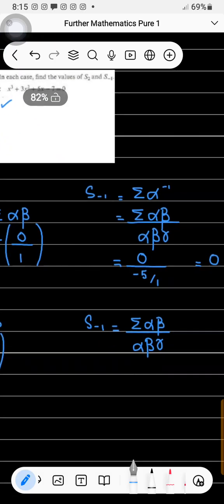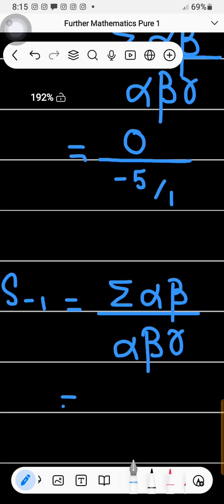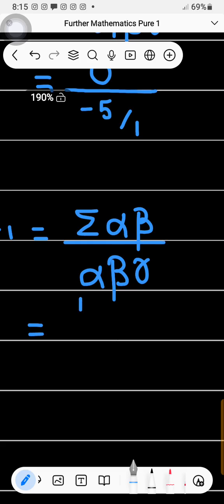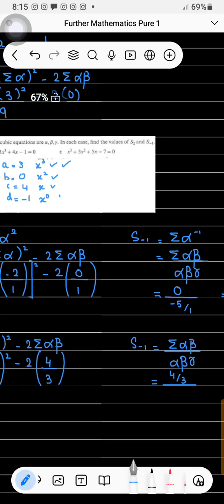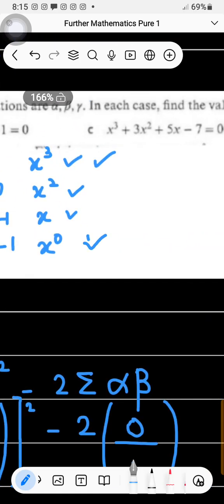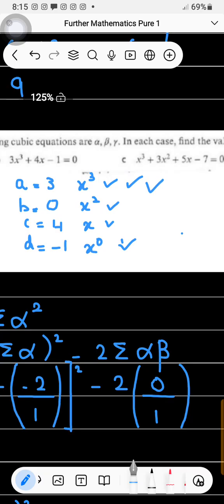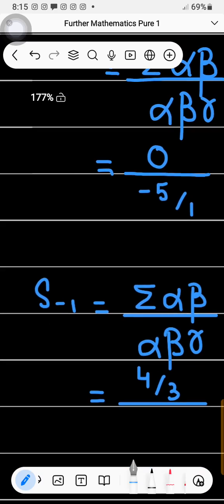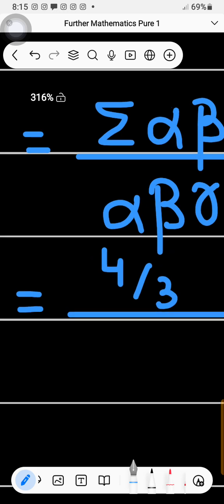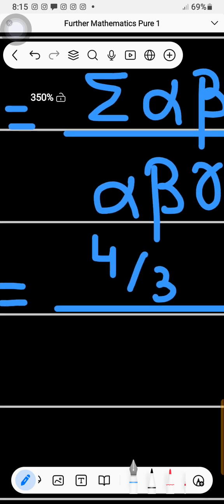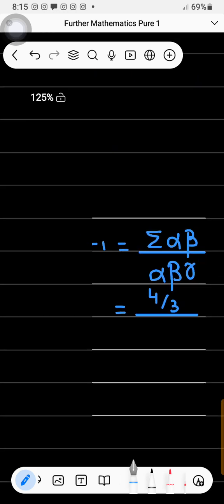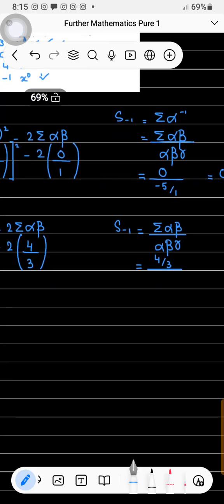So alpha beta we had found out as 4 upon 3. And alpha beta gamma is negative d upon a. So this is d and this is a. So I will write it as, wait for a bit, that is negative 1.